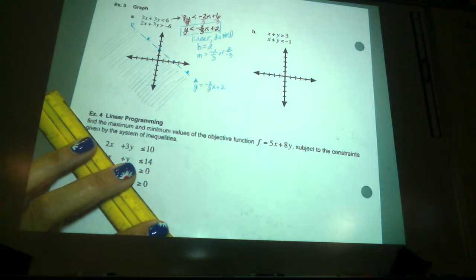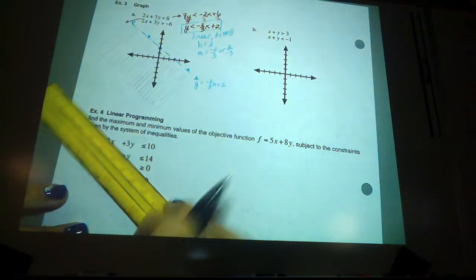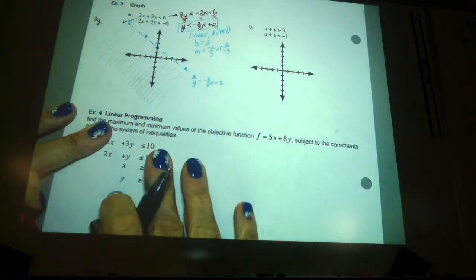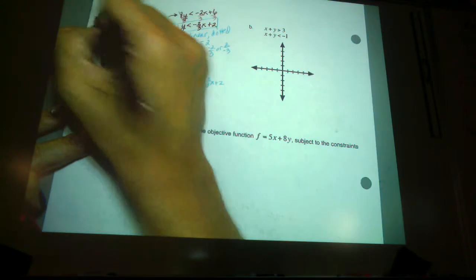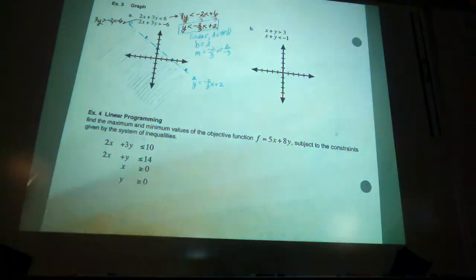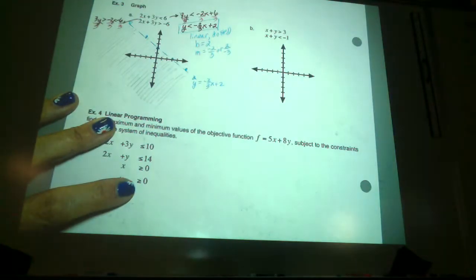Okay, and then we're going to graph this one, but before I graph it, we have to solve. It's very similar. 3y is greater than negative 2x minus 6. So when I divide by 3, I don't exactly get the same equation.